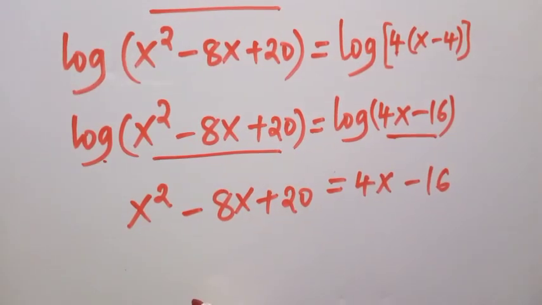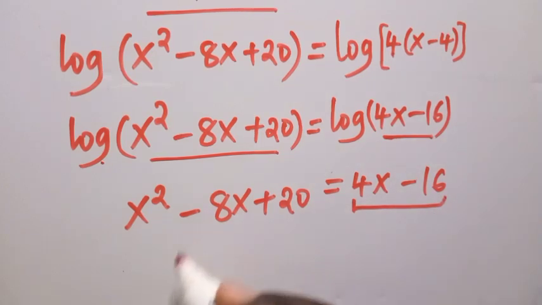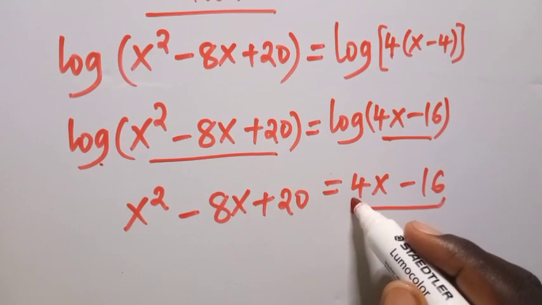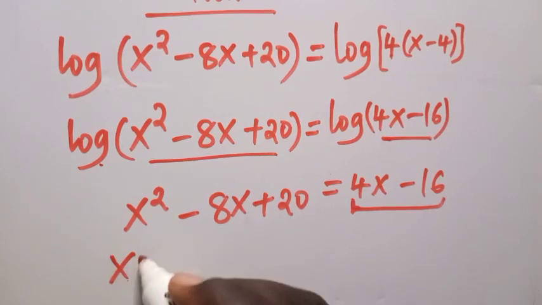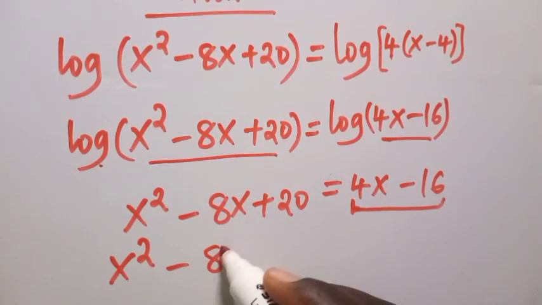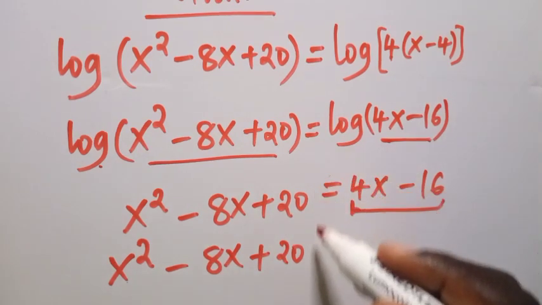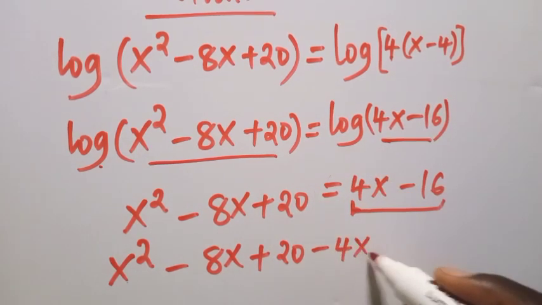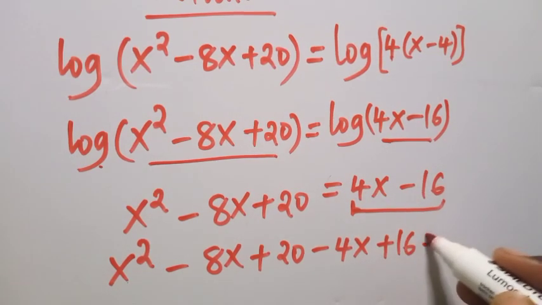Now from that point, let me bring everything to this side. That means I should bring 4x minus 16 to this side, and therefore I shall have x squared minus 8x plus 20. Then when I bring this one to this side, it will be minus 4x, and when I bring this one to this side, it will be plus 16 equals 0.